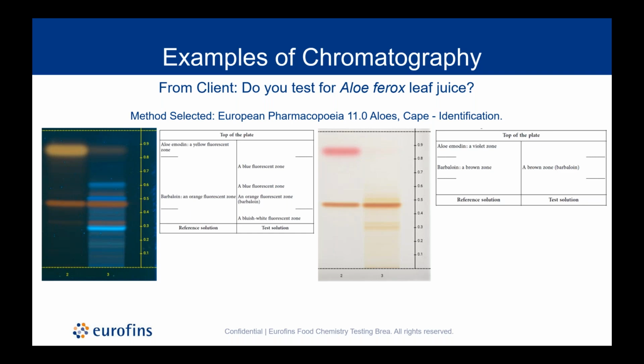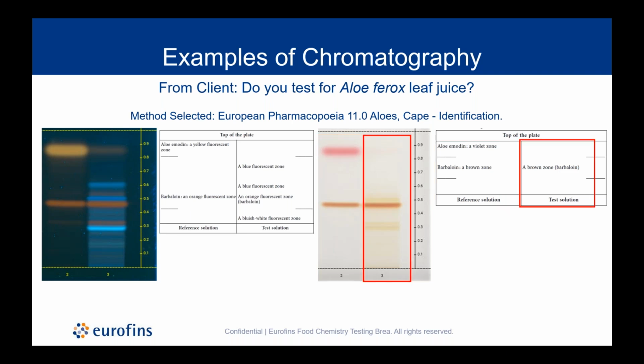The reference solution on this image has the reference standards are the same. And so we're seeing the aloe emodin again, and it is at the same RF because this is the same plate, but the color is violet in this particular acceptance criteria. And the barbaloin is now a brown zone. And we can see that those are corresponding in the sample or reference solution and our acceptance criteria.